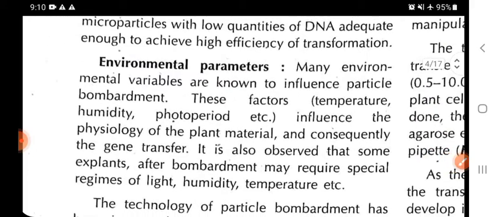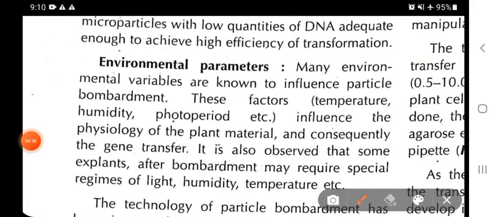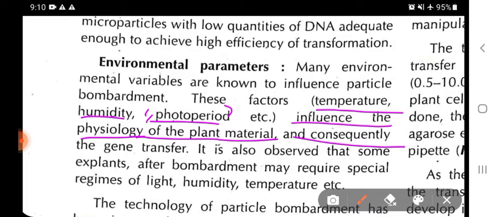Some environmental parameters are also present in this biolistic method, like temperature, humidity, and photoperiod. These will influence the physiology of the plant material and consequently the gene transfer.